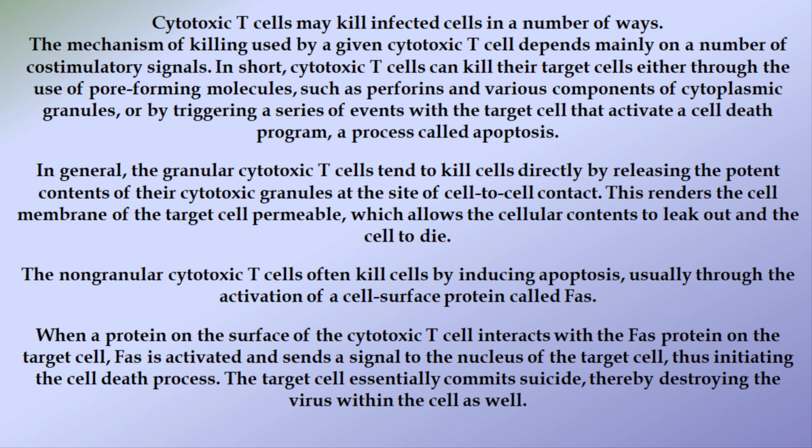When a protein on the surface of the cytotoxic T cell interacts with the FAS protein on the target cell, FAS is activated and sends a signal to the nucleus of the target cell, thus initiating the cell death process. The target cell essentially commits suicide, thereby destroying the virus within the cell as well.